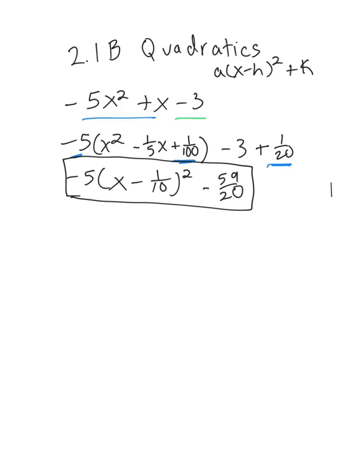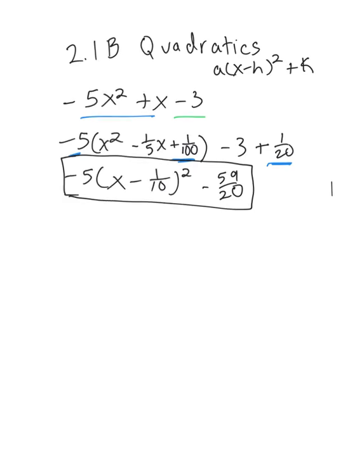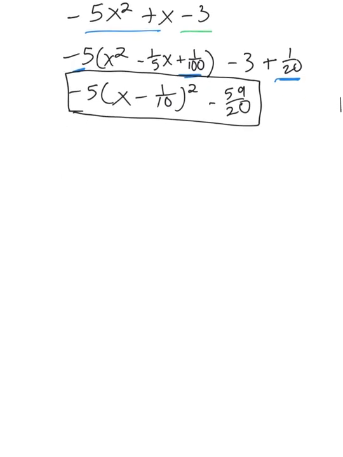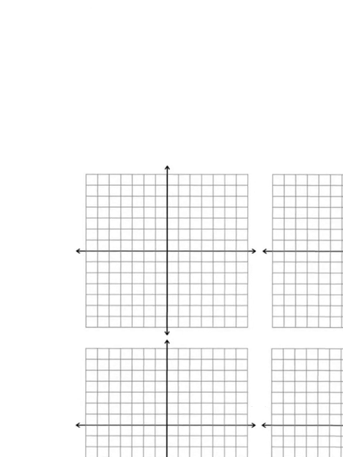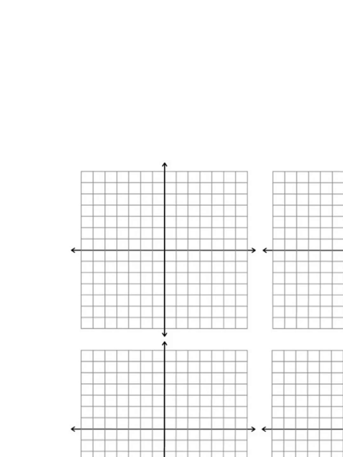I'll probably put up another example for our homework. Here, what if we were given a point on a graph? So let's say we were given a vertex and a graph. Let's say our vertex is here, and it hits this graph right there.